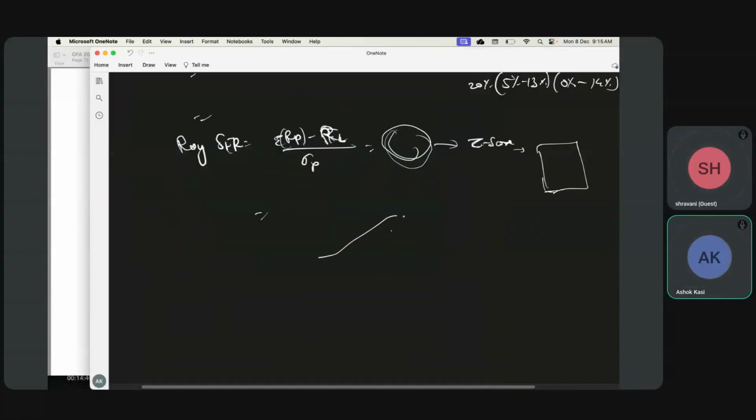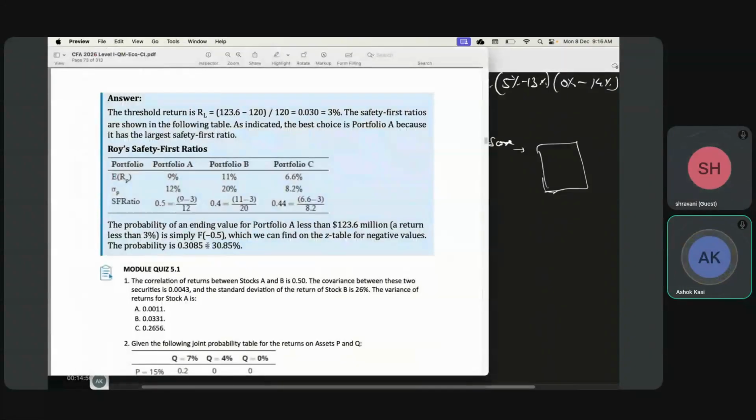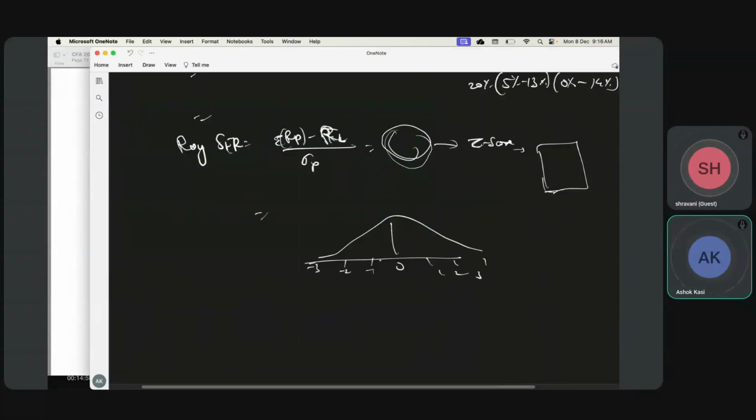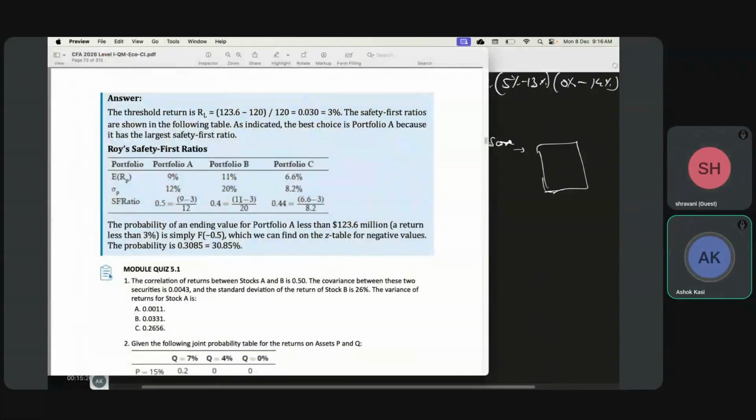Negative 0.5 means on the curve it goes 0, 1, 2, 3 and minus 1, minus 2, minus 3, so minus 0.5 will come somewhere here. This part is not meeting the threshold.